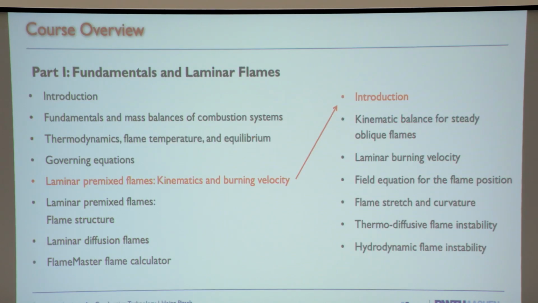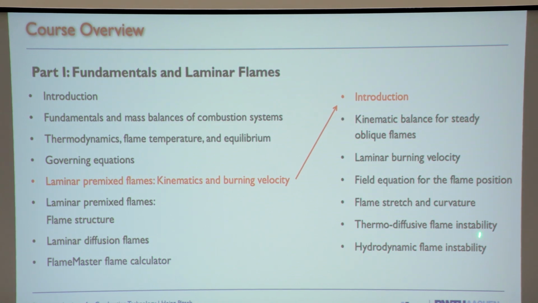So let's start with an introduction. Then we look at the laminar burning velocity, and then an equation that describes the dynamics of flames, the so-called level-set or G equation.